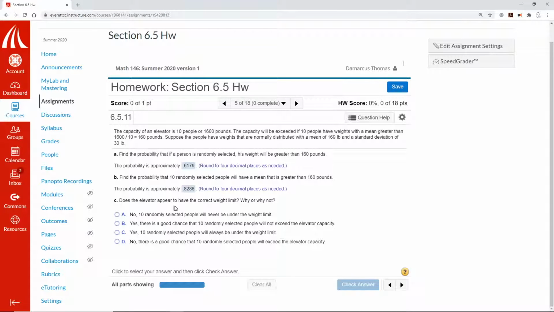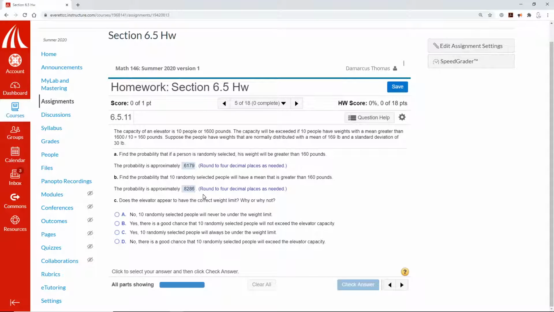Now the question is, does the elevator appear to have the correct weight limit? Why or why not? Well, we just saw that according to this, 82% it will be at capacity.